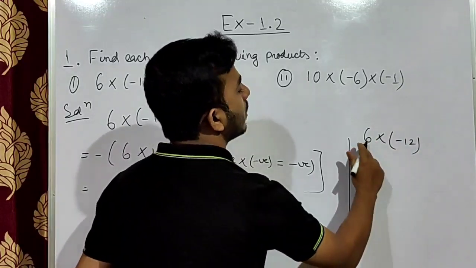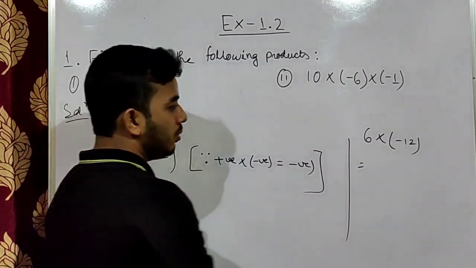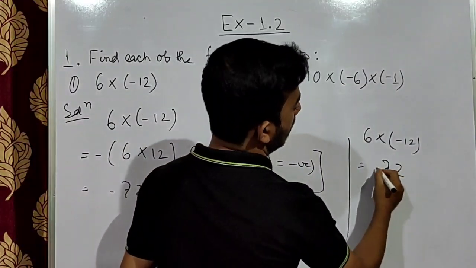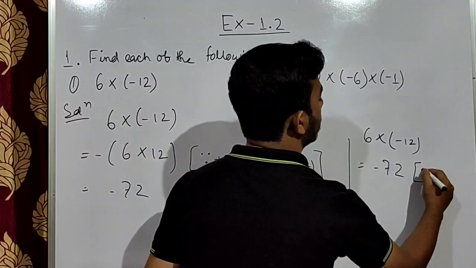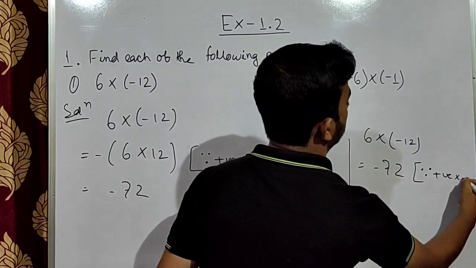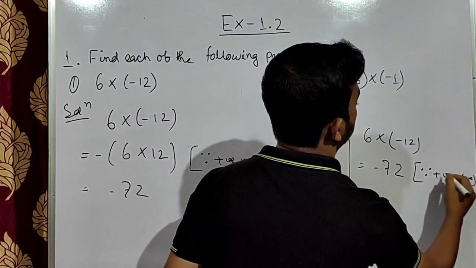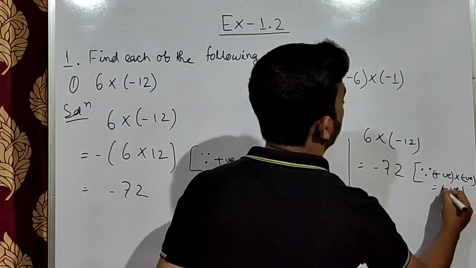In the direct line, I will directly write, 6 into 12 is 72, then we will directly put the minus sign, and here we will write, since positive into negative equals negative. Clear?